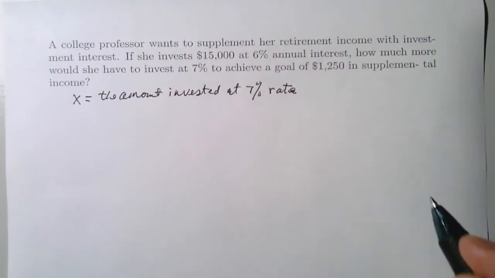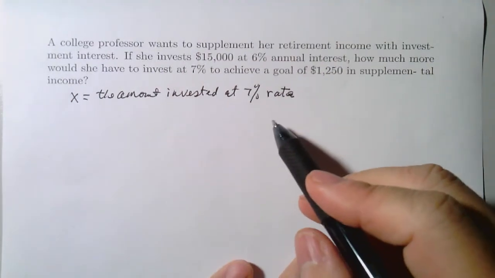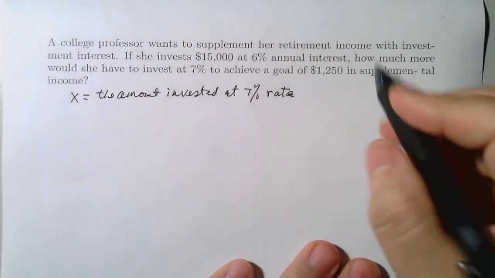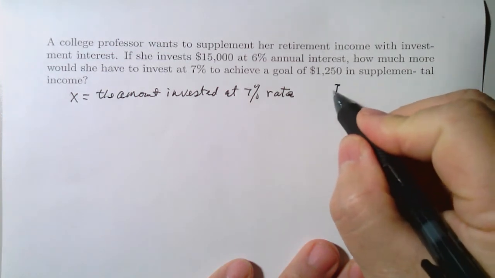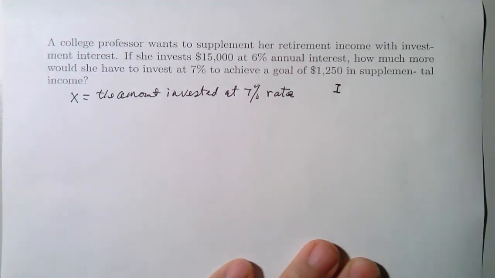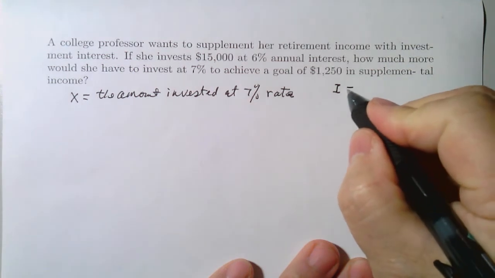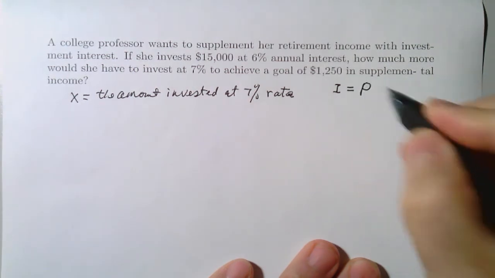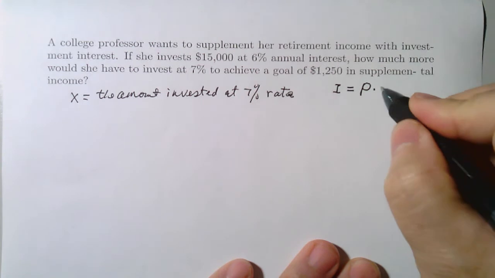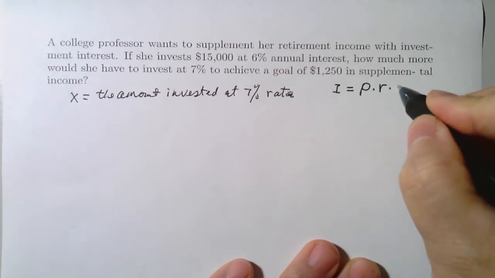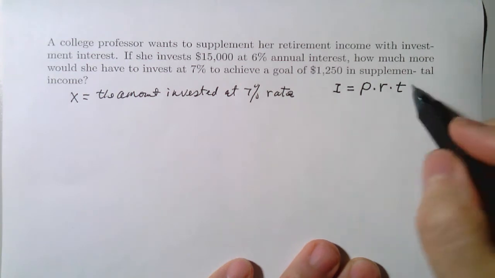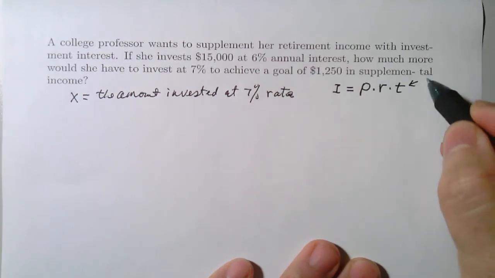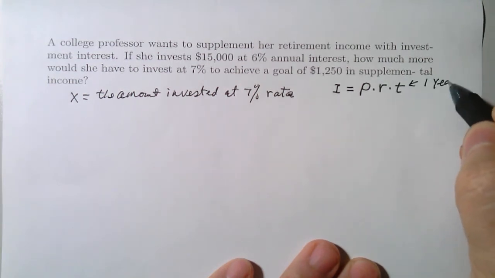For a problem like this, we have to know that it's based on the following formula. The interest, normally we use I to represent interest, equals the principal P times the interest rate times time. The time for this case is always 1 because of 1 year.